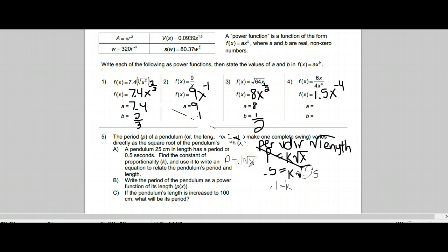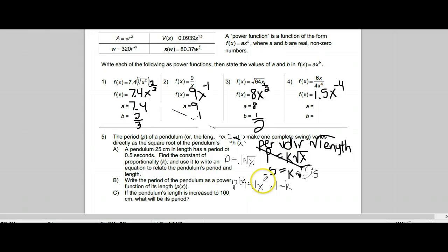Now, B says to write the period of the pendulum as a power function of its length, p of x. So this is the point of doing this. All right, so we have p in terms of x, p of x is going to equal 0.1, and now we're going to write x with a power that's going to give us the square root of x back.